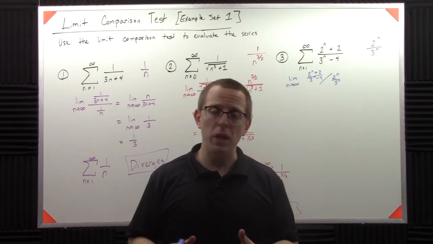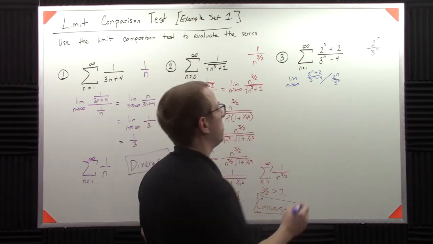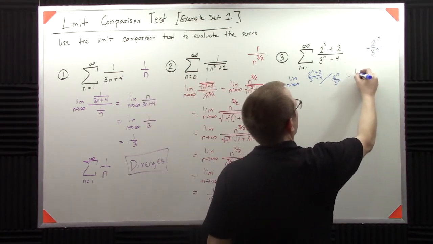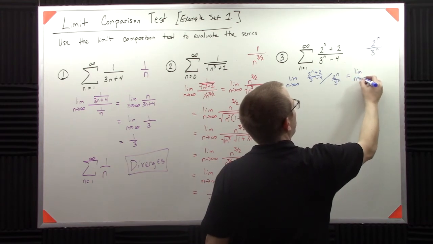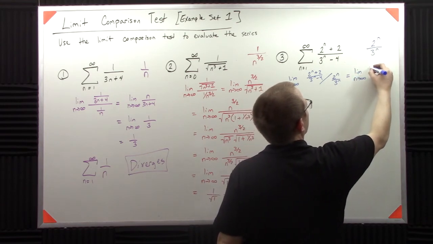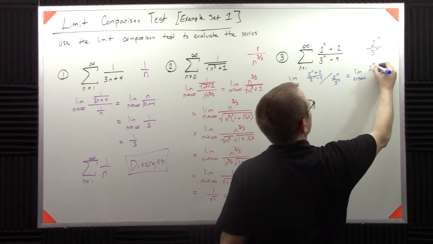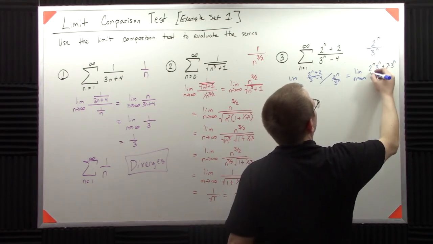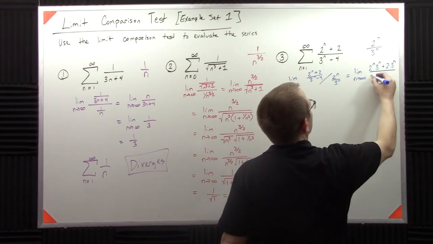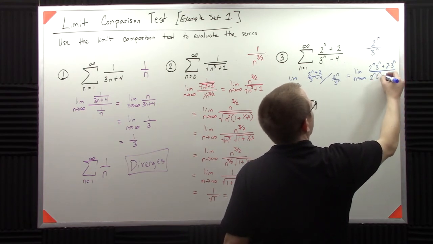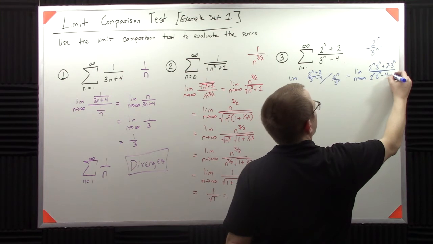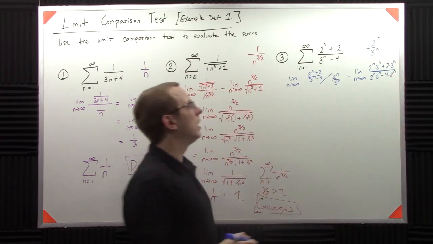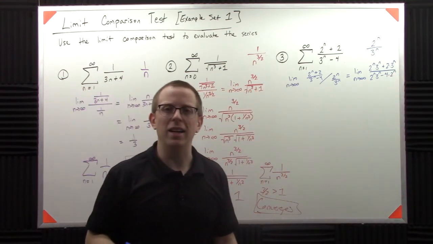When we manipulate this fraction, we get the limit as n goes to infinity of 2 to the n times 3 to the n plus 2 times 3 to the n, over 2 to the n times 3 to the n minus 4 times 2 to the n. So you end up with that kind of nasty little mess.